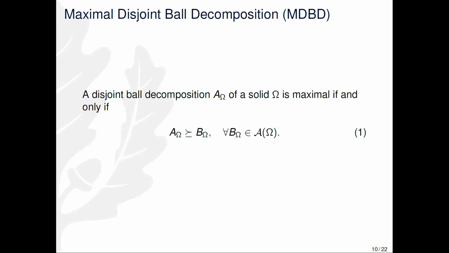Here's the definition of the maximum disjoint ball decomposition. The MDBD is the maximum of these ball decompositions for the domain, based on the lexicographic ordering. So the uniqueness of the MDBD comes from the maximum in its definition.